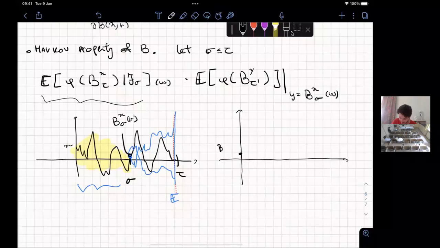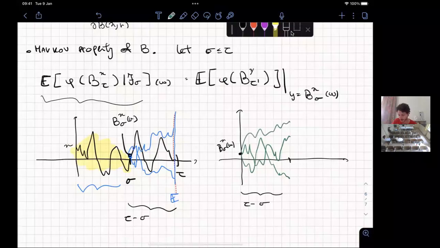So B^x sigma omega. And now take a Brownian motion that evolves, take another one that evolves for this amount of time. So here is t minus sigma. So take t minus sigma, you arrive here, and let it evolve. So again, it can do its Brownian motion stuff, do like this, and whatever it can do.